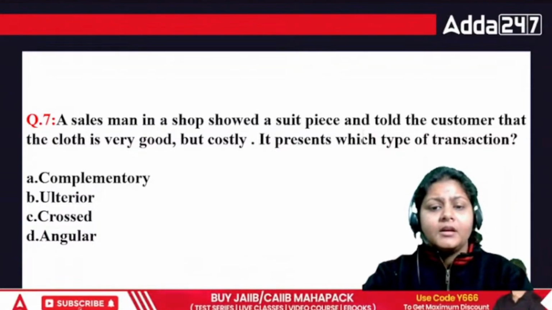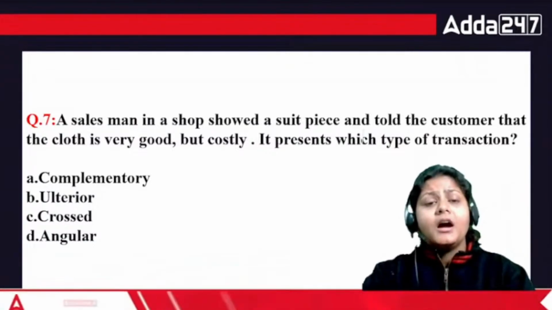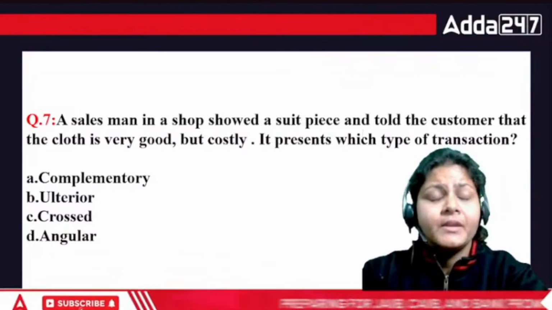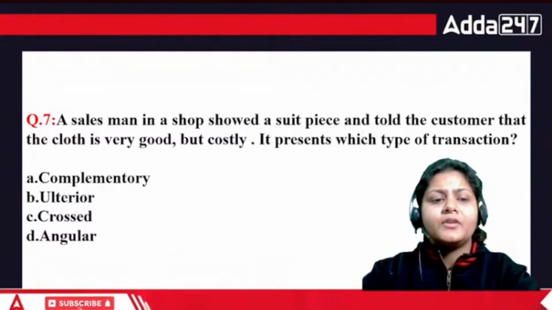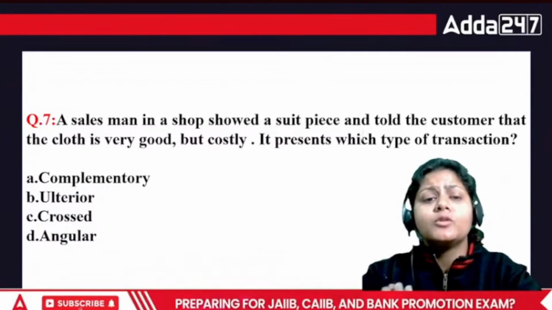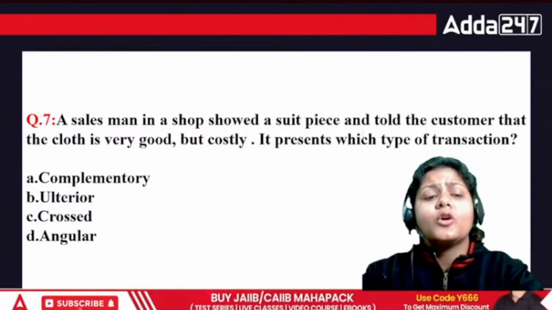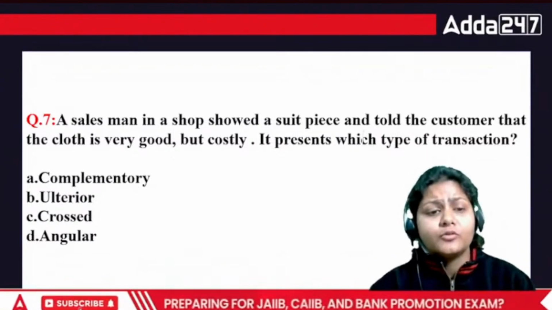In your book there are normally two transactions, complementary and cross. Complementary is the normal reply which you want to hear. Cross is like a cross transaction.